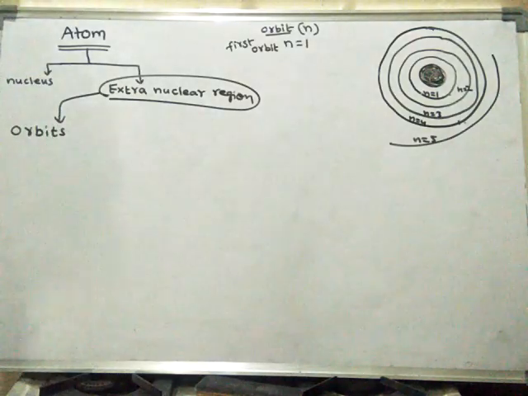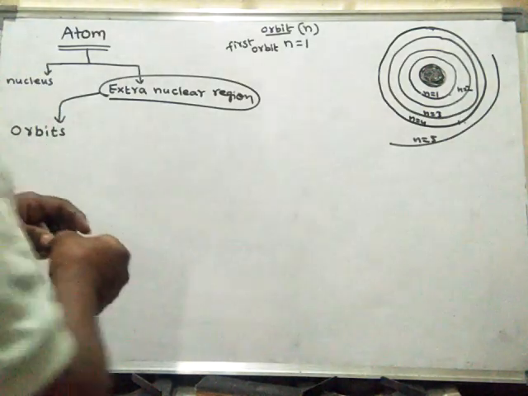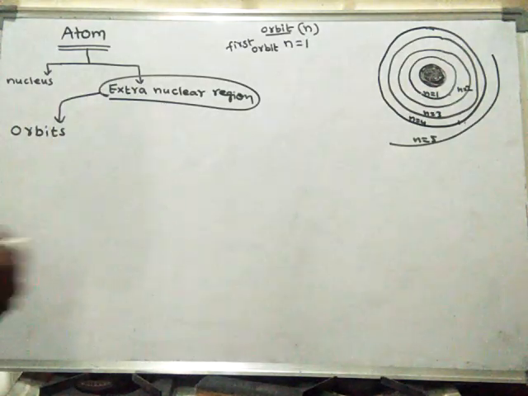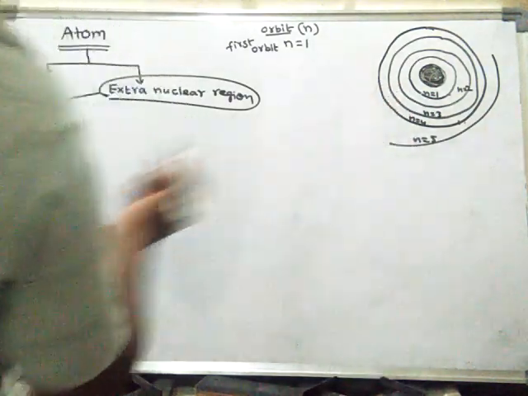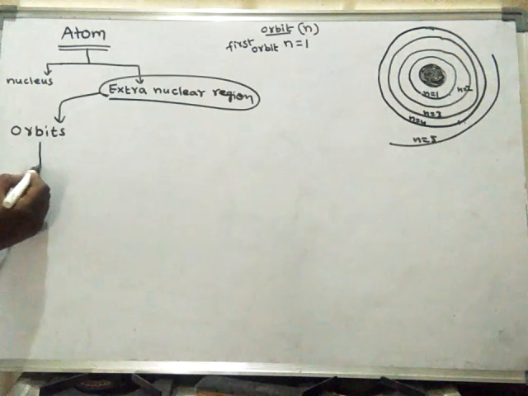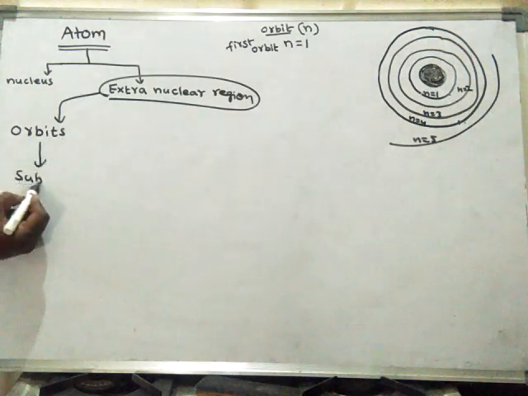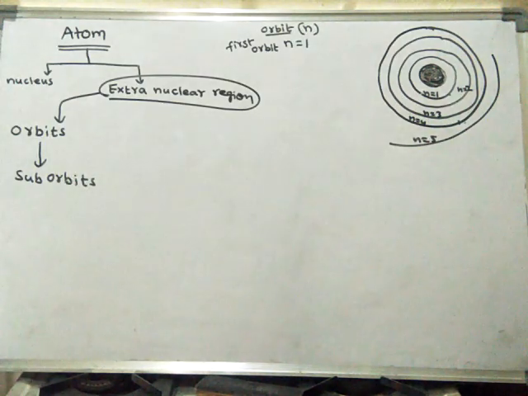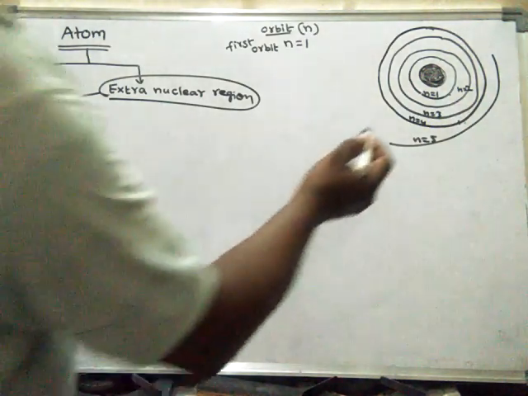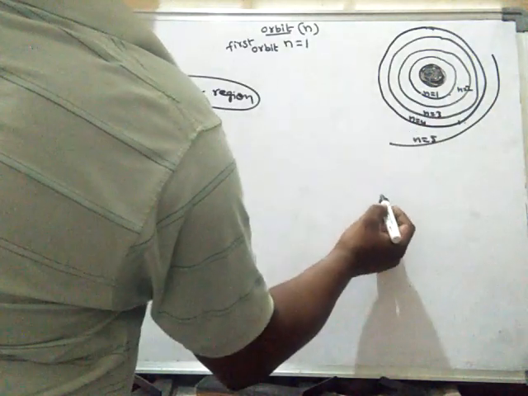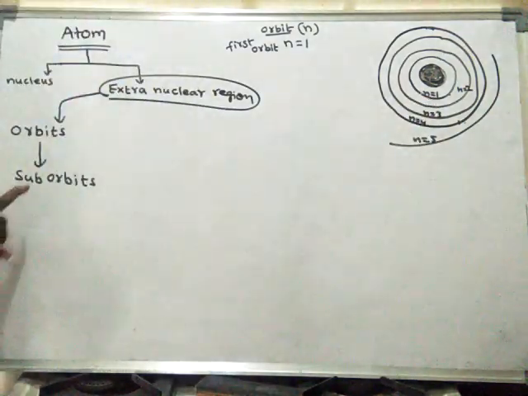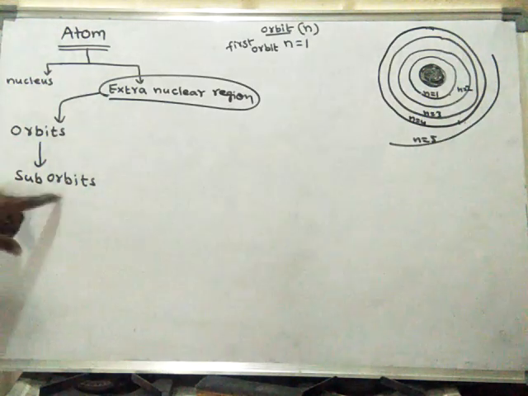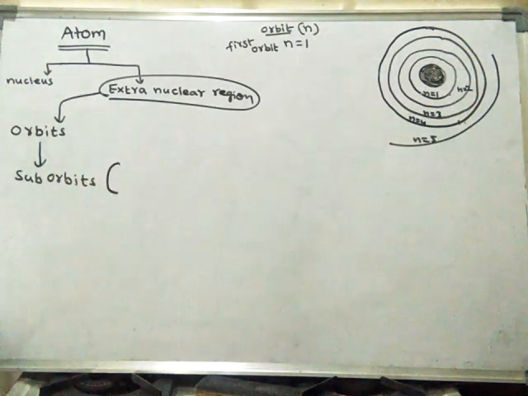Now, if you take any particular orbit, it contains suborbits. Every orbit contains suborbits. In depth, suborbits are of 4 types.